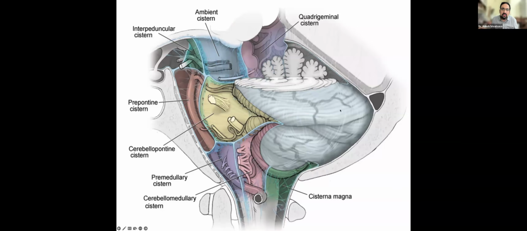Now, before describing the divisions of the CP angle, a brief overview of the various cisterns that can be accessed, the anatomy of which is very relevant to a microneurosurgeon who wishes to operate in the CP angle. It is basically constituted by the cerebellopontine and the cerebellomedullary cisterns, and they are separated by the lateral pontomedullary membrane.